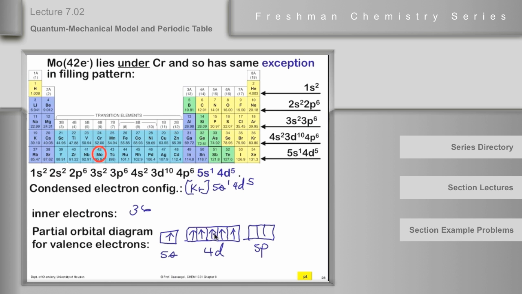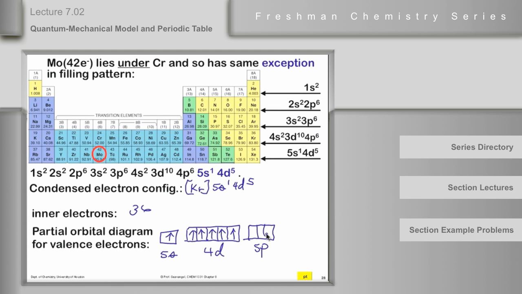It's 2 for l. So if l is 2, what can m sub l be? Plus 2, plus 1, 0, minus 1, minus 2, 5 of them. And that's why there are 5 boxes here.